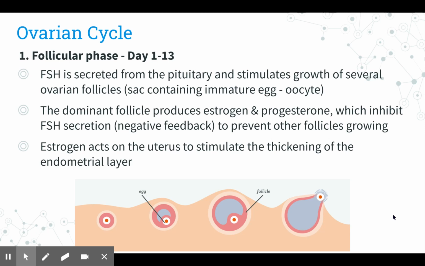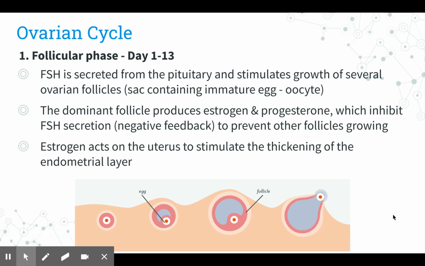One of those oocytes will be dominant and will mature more quickly and begin to produce estrogen and progesterone. That then has an inhibitory effect on FSH secretion. There's a negative feedback loop, and it stops the other follicles from growing. So within an ovarian cycle, it's typically only one egg that matures and is released.